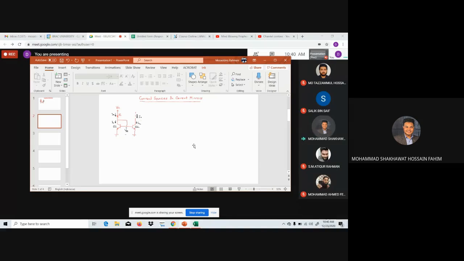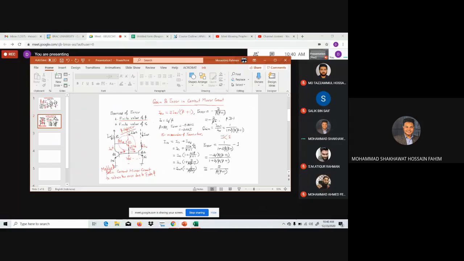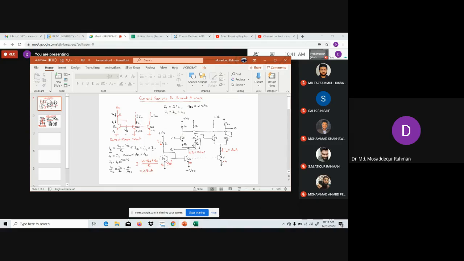Sir, what about adding a MOSFET? What? Sir, MOSFET. MOSFET, yeah, MOSFET, you don't have error due to finite beta because the gate current is always zero. MOSFET, you have error only due to the finite output resistance.